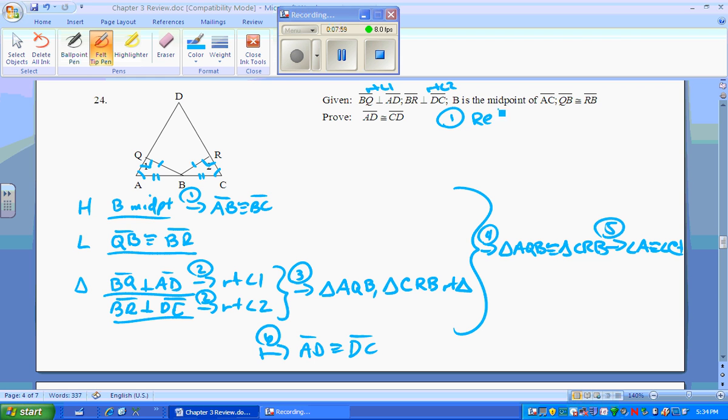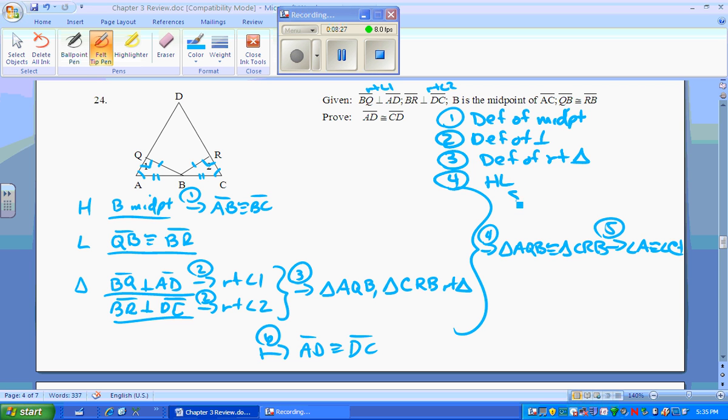Reason 1 is midpoint, definition of midpoint. Reason 2, definition of perpendicular. 3, definition of right triangle. Reason 4 is HL.